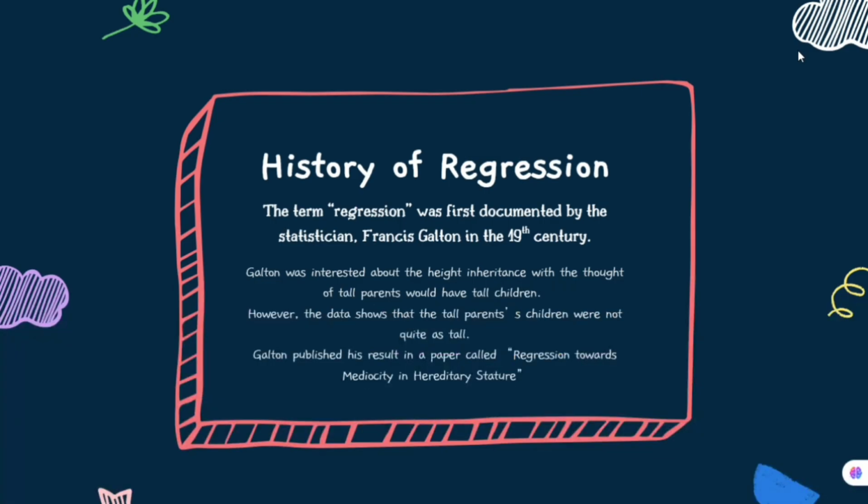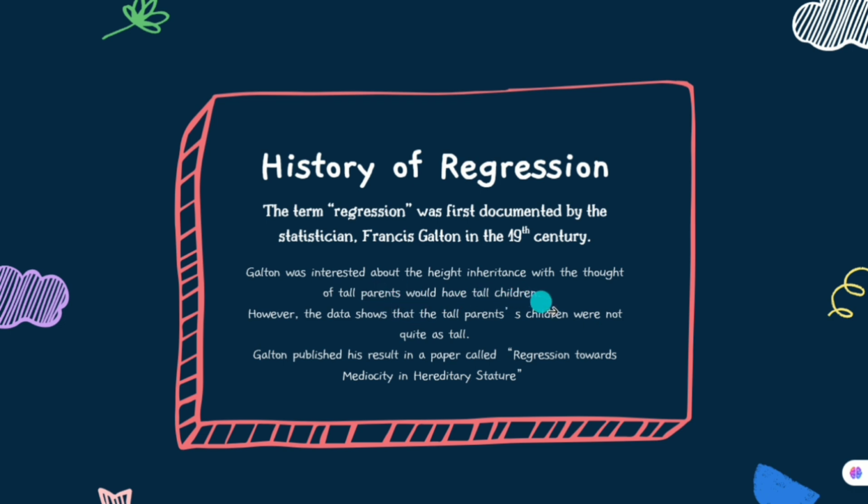Have you ever wondered where the term regression comes from? It was first documented by the statistician and scientist Francis Galton in the 19th century. At that time, Galton was interested in heredity, with the thought that tall parents will have tall children.